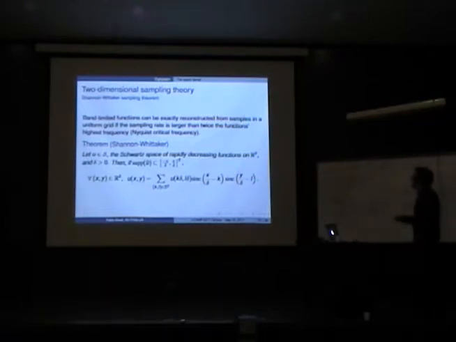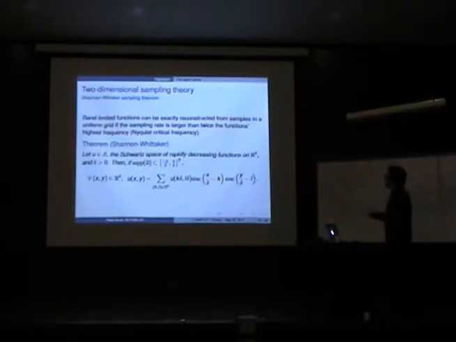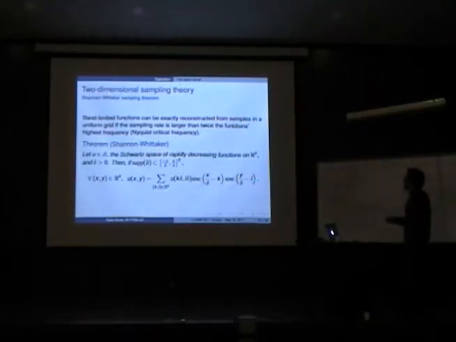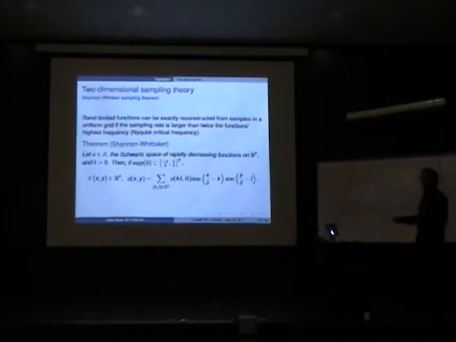So now I have to talk about aliasing, because it's something I'm going to use in the next talk. You all know the Shannon-Whittaker theorem that says that if you have a band-limited function and you sample at least at the Nyquist rate, which is 2 times the maximum frequency of the signal, then you can get perfect reconstruction by using the sinc kernels.